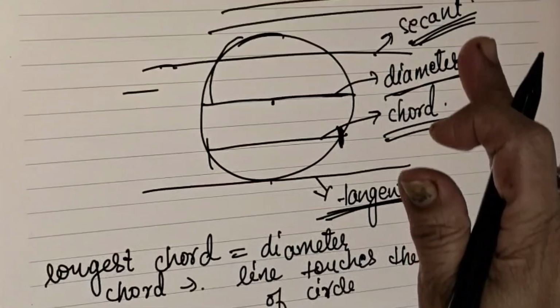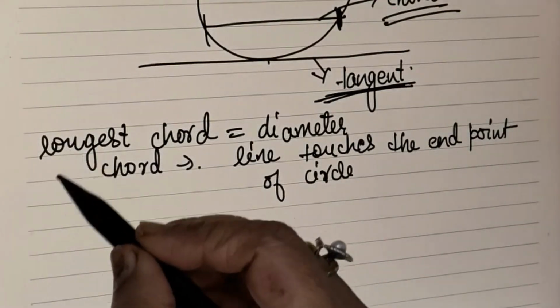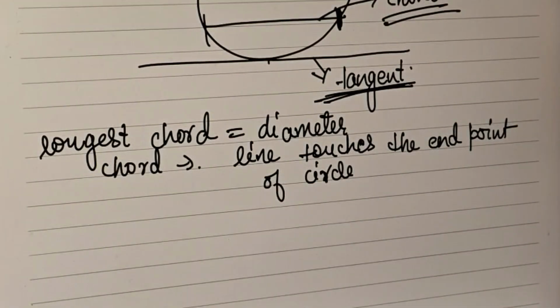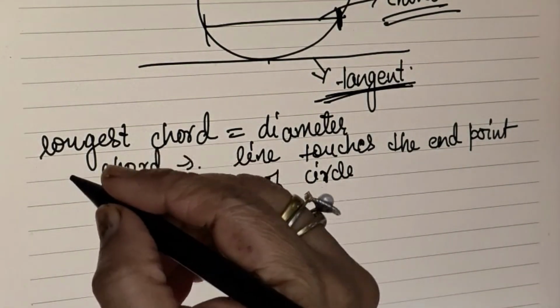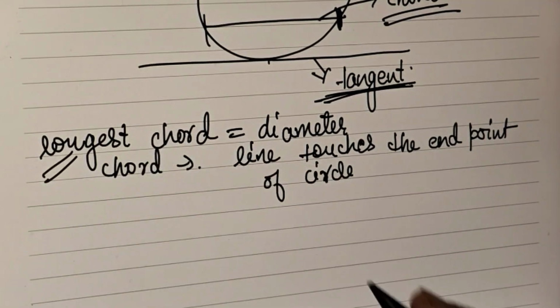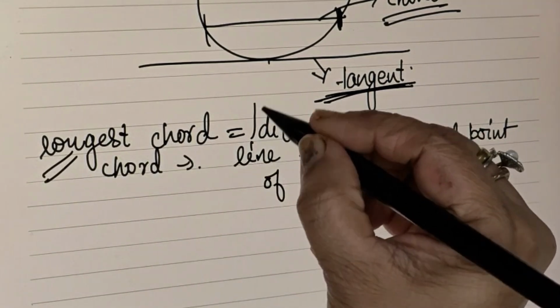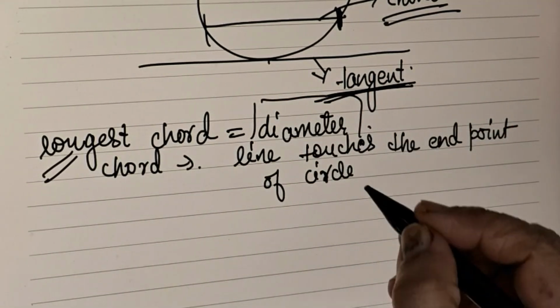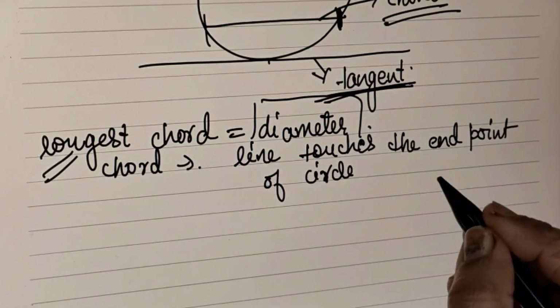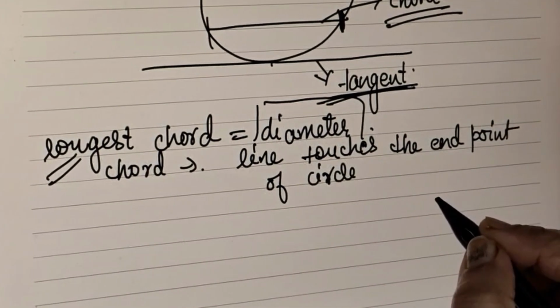You studied in earlier classes, but I am only reminding you, that the longest chord is called the diameter, and the chord, I explained to you, is a line that touches the end points of the circle.